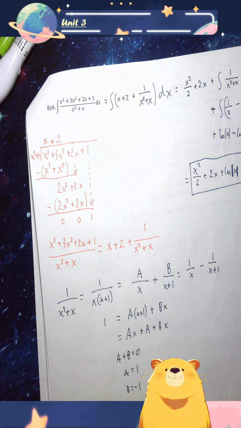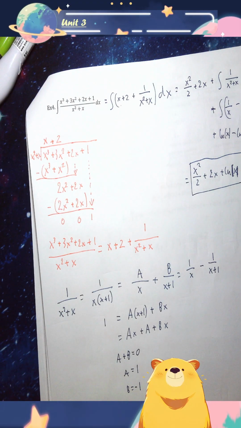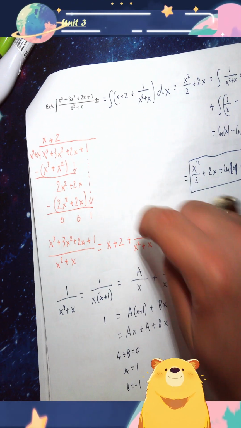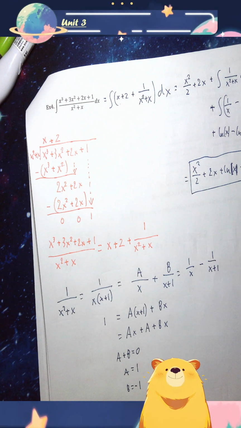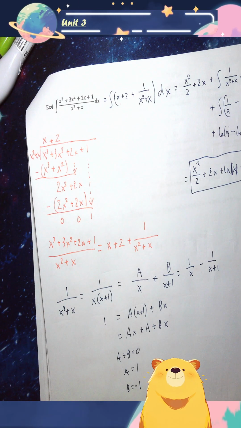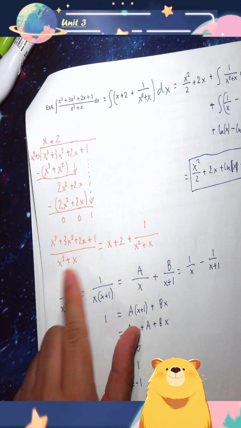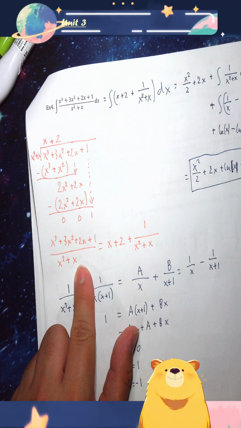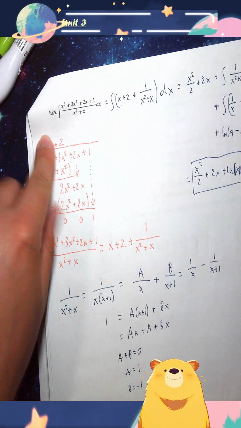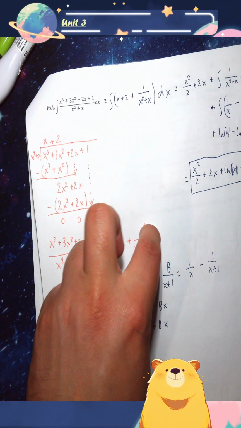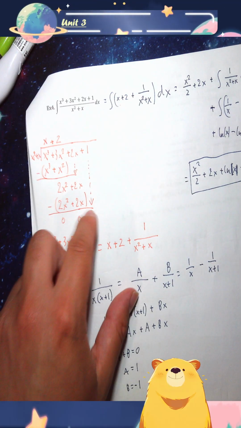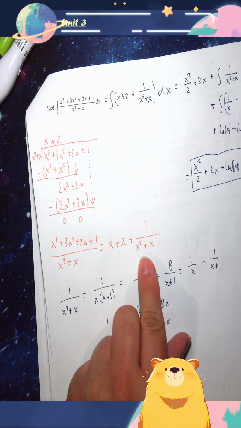So, like any long division, you have what's fully quotient out in your remainder. So this expression, x to the power of 3 plus 3x squared plus 2x plus 1, all over x squared plus x, is equal to x plus 2 plus the remainder 1 over x squared plus x.